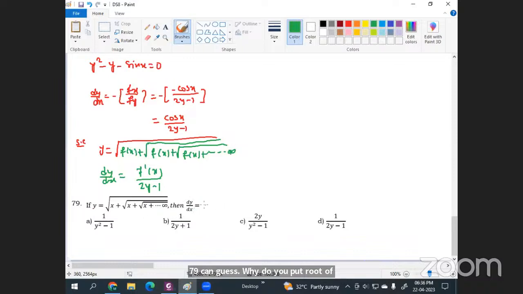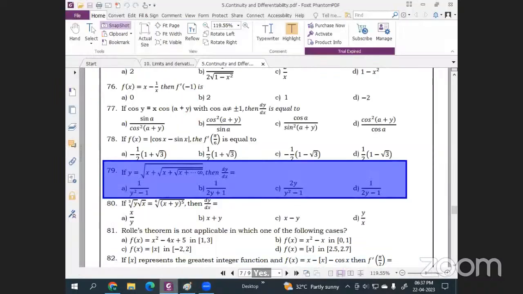Denominator is 2y minus 1, x derivative is 1. So what is your option now? D is the right option. Correct? Yes or no? Yes, D. Most of them gave the correct answer. Good people. Sneha, Emma, Mohan, keep it up. Pradeep, Bhagyashree, Aditya, good. Next question.